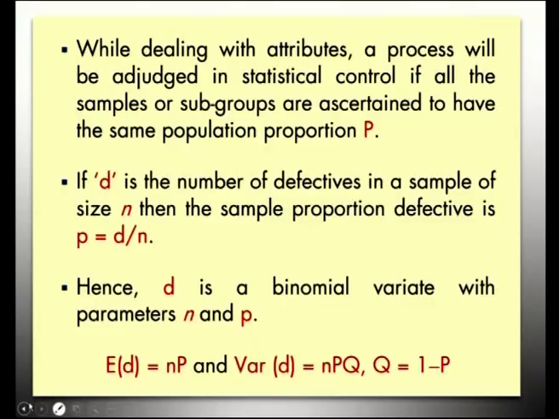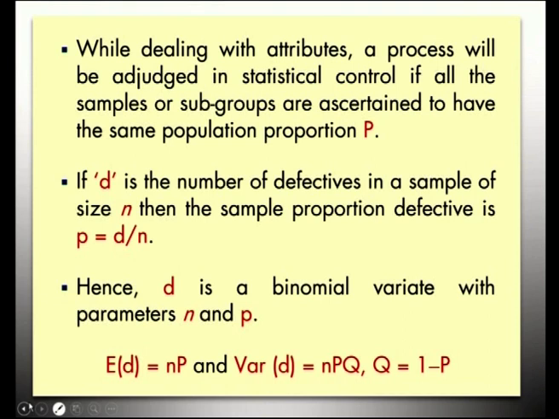Defective means when there is a defect, the item is called defective, whereas the particular problem is called a defect. While dealing with attributes, a process will be adjudged in statistical control if all the samples or subgroups are assumed to have the same population proportion capital P. If D is the number of defectives in a sample of size n, then the sample proportion defective is given by the number of defectives divided by the total number of items, that is p is equal to D divided by n.